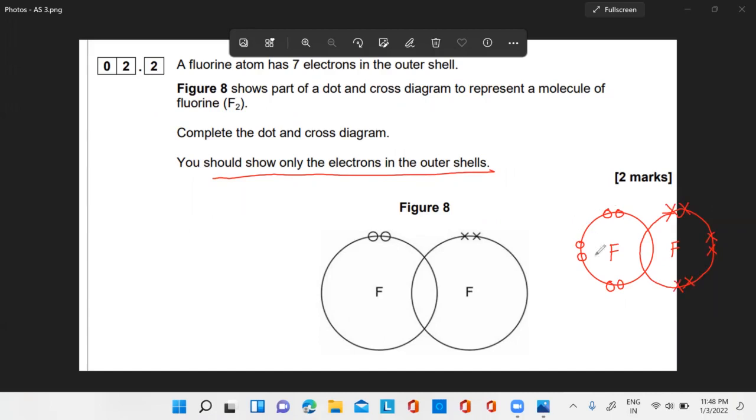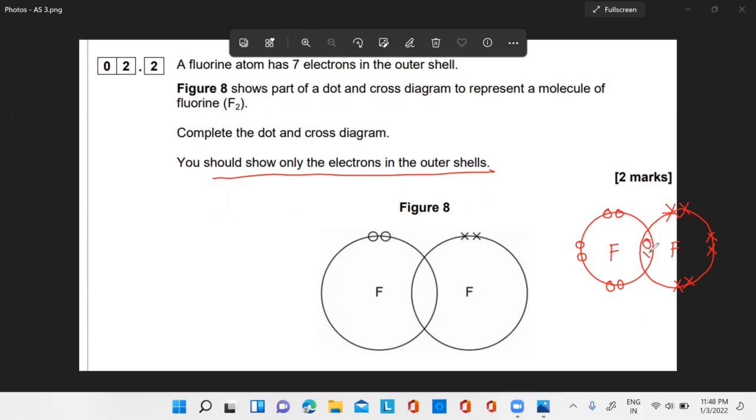Now in this one I have shown 6, and in the cross structure also I have shown 6. So what about the other one? Since we know that in the outermost shells there has to be 8 electrons, sharing will take place.